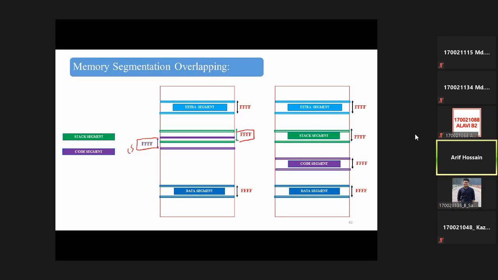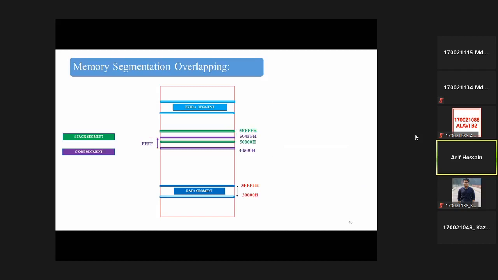You can see that this portion is overlapped. Segments can overlap depending on the microprocessor; there is a provision in which the microprocessor allows the various segments to be overlapped. So these are overlapping segments.